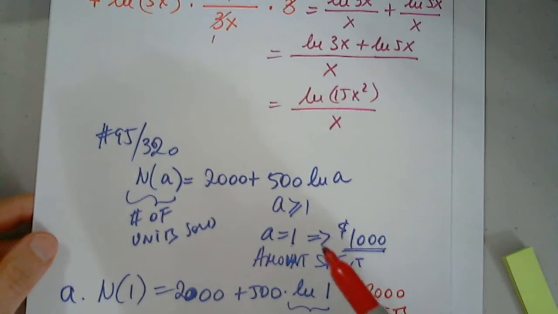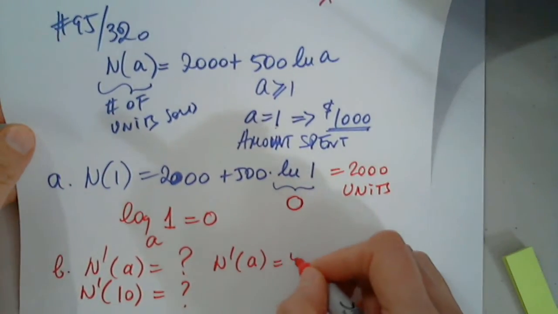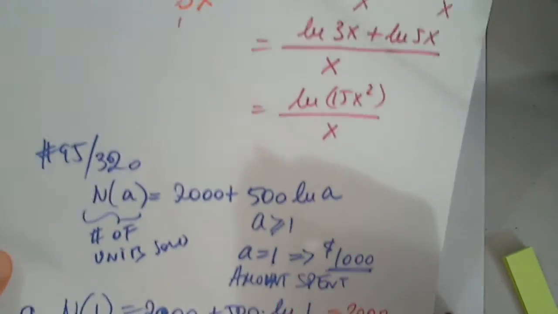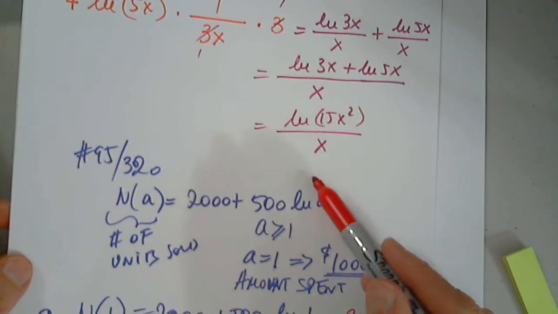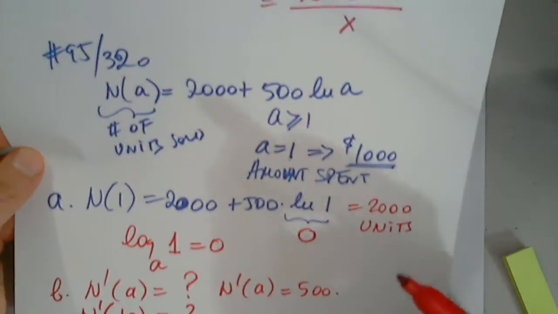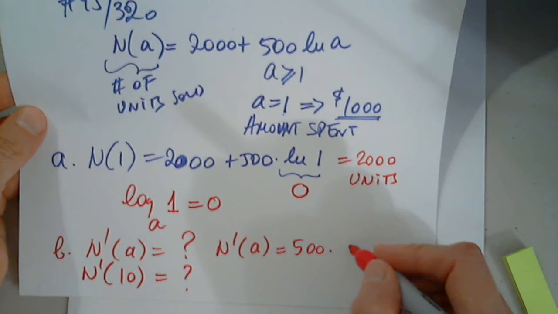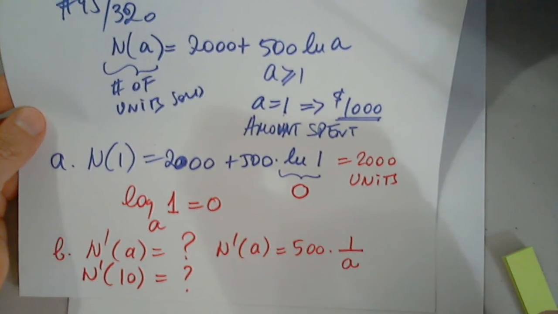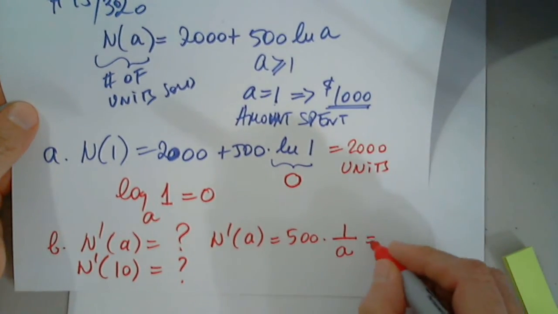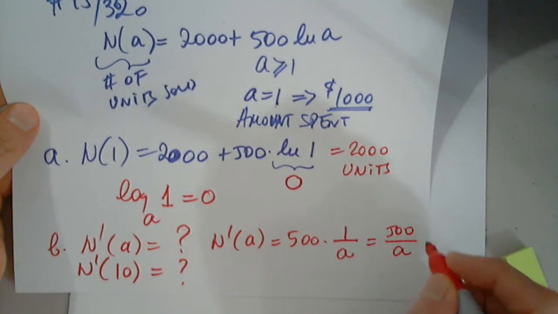Zero. Perfect. So 500 stays, times, when I differentiate natural log of A, we get 1 over A. So the answer is 500 divided by A.